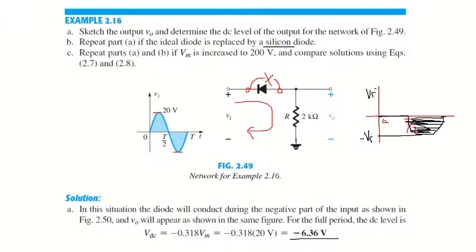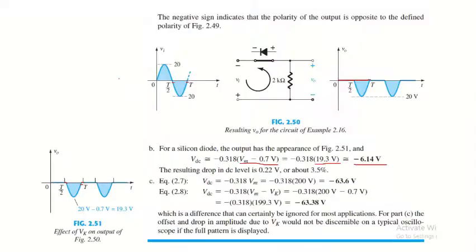Okay, coming to the third one. Repeat parts A and B if Vm is increased to 200 volts and compare the solution using equations 2.7 and 2.8. So equation 2.7 gives the resulting drop in the DC level equal to 0.22 volt, or about 3.5%.